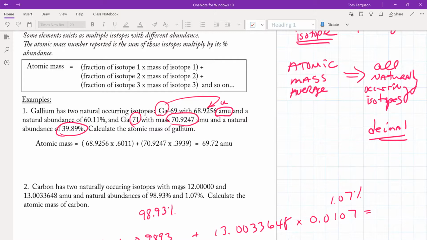So this is the percent converted to a decimal, and that's the mass. So we multiply the percent times the mass plus the percent times the mass, add those together, and we'll get our average mass, or AMUs.